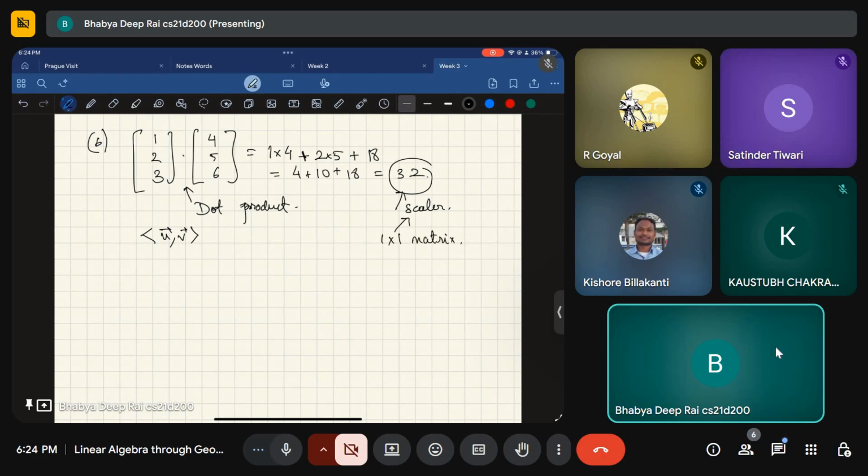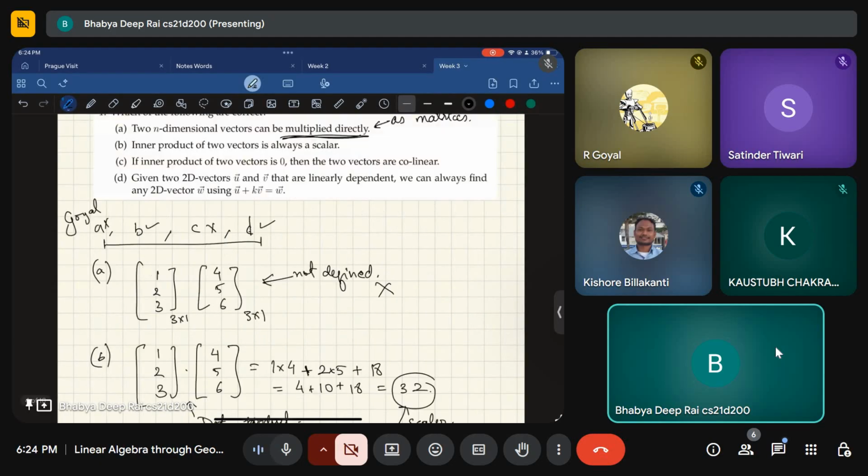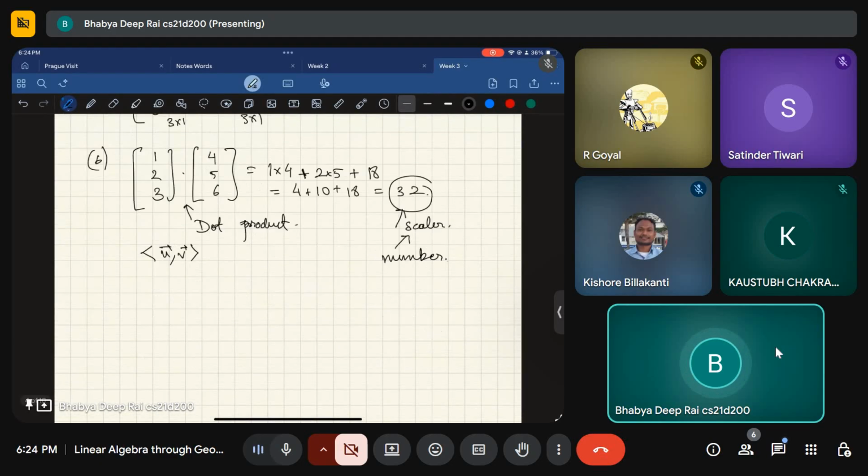So also, you were saying that you can do transpose, that this is allowed: 1, 2, 3 transpose 4, 5, 6. Not in this way.